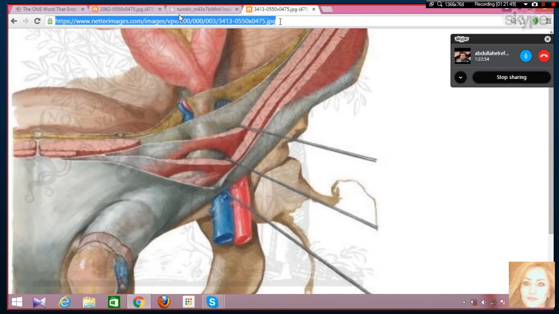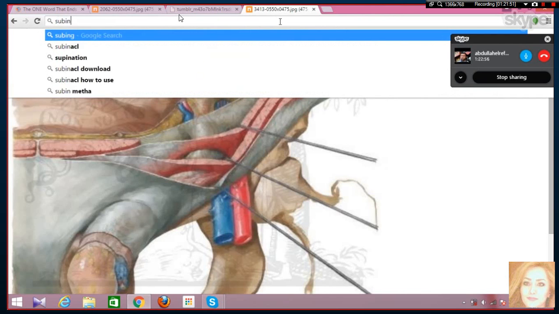Now let's go to the subinguinal hiatus. Do you remember these from lower limb? I don't remember anything. No? Okay, it's okay.